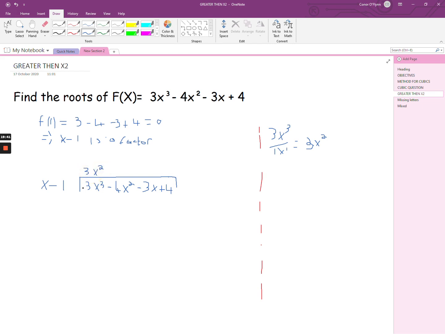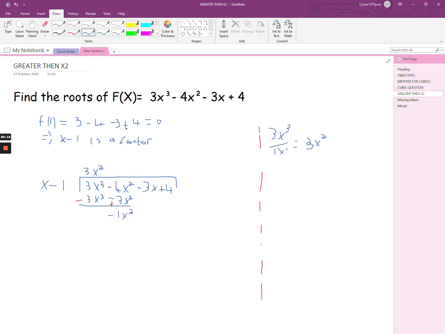And then I multiply back in, so that'll be 3x cubed minus 3x squared. And again, I'll change my sign. That'll become a minus, that'll become a plus, because I'm subtracting. I'm basically doing top line minus bottom line. So that'll go to 0, and minus 4x squared plus 3x squared is minus 1x squared.